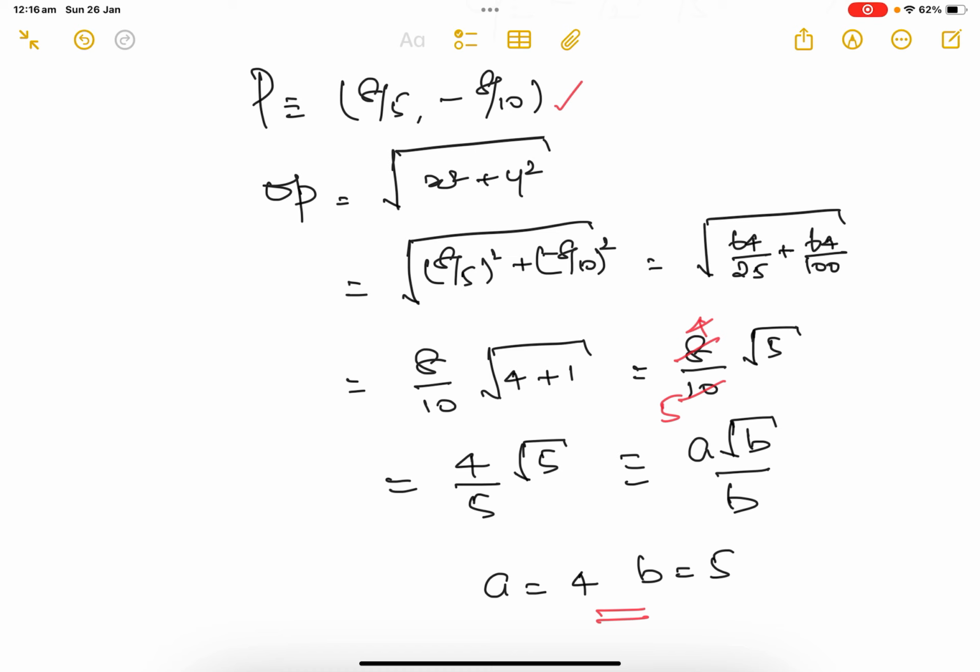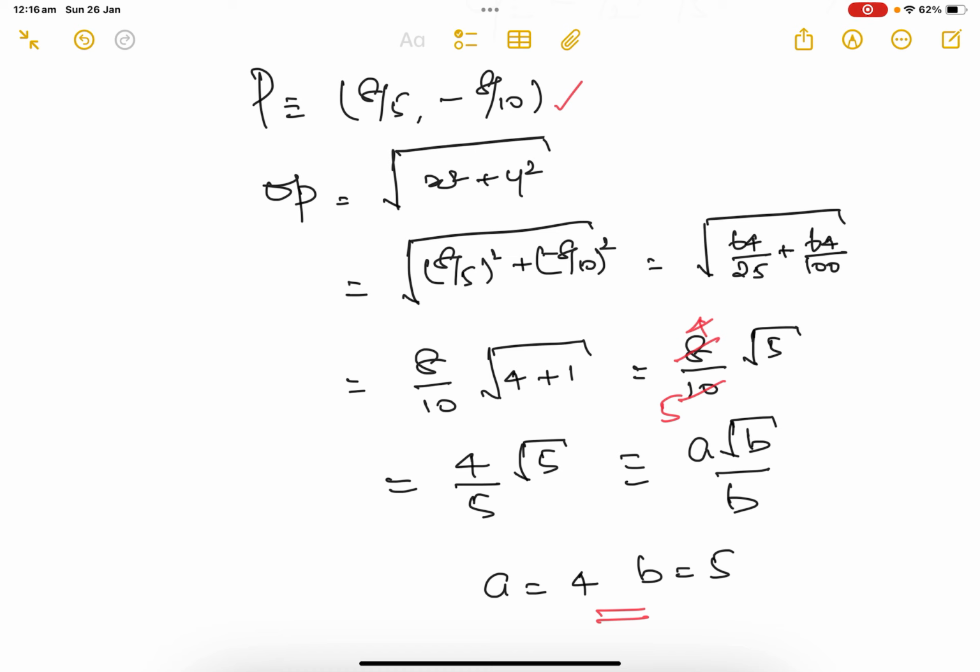If we square them, 8 squared is 64, divided by 25, plus minus 8 squared is 64, divided by 100. Now I have taken the 64 out of the numerator, which will be 8 when it comes out of the square root, and the same thing, I'm taking 100 out of the denominator, which will be 10.